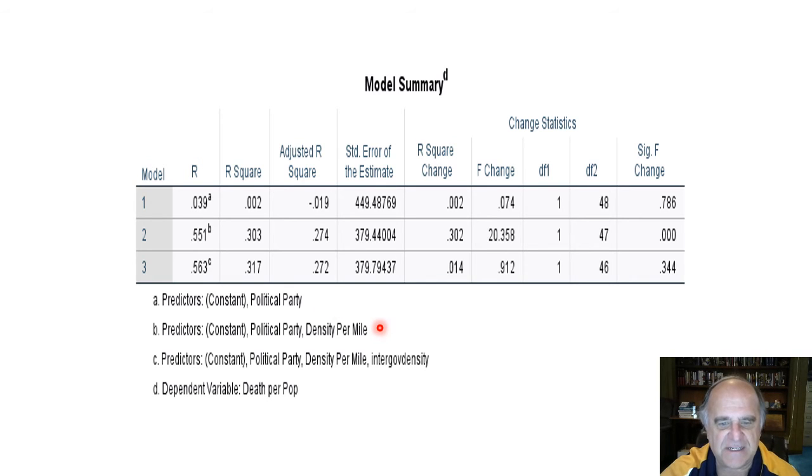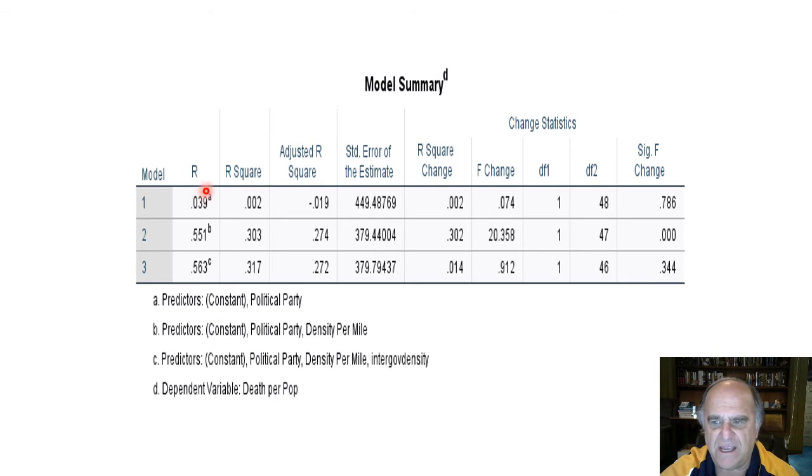Then in the second step, I put in density per mile. And then, of course, the last step, we have all 3 predictors: political party, density per mile, and the interaction of governor political party and density. And then actually in each of these, we also have, of course, a constant. And again, the dependent variable, deaths per million.